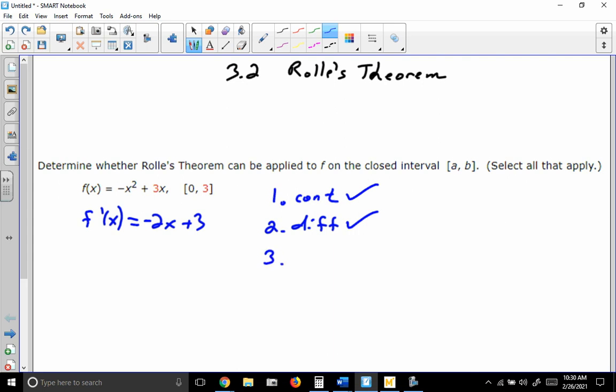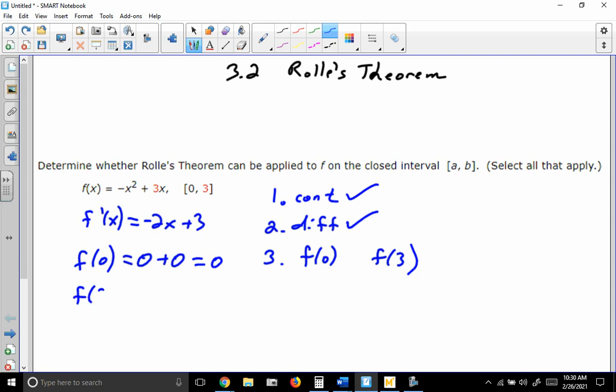And then the third criteria is that f of 0 and f of 3 have to be equal. We have to be at the same y value on each end of our interval. So if we plug a 0 in for our function, 0 squared is 0. 3 times 0 is 0. So f of 0 is 0.